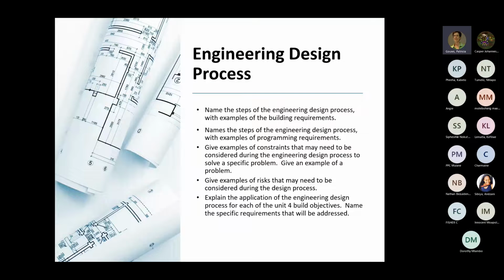When you look at the overview document for M1, there's quite a detailed discussion of the engineering design process. Okay, so you need to be able to know the steps of the engineering design process. Remember, we're trying to get learners to think beyond. So it's not just a hit and run. It must be kind of a structured approach.